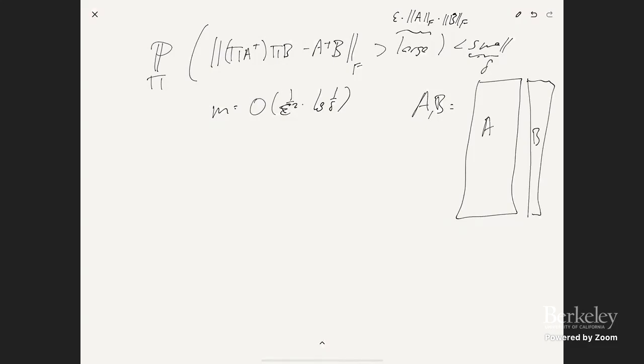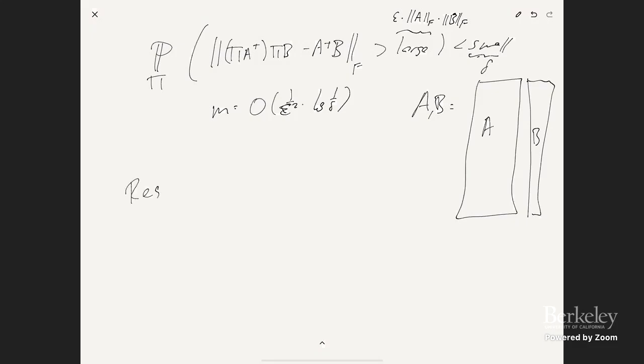And actually, aside from JL, another thing you could do is sample. So you can choose pi to be a sampling matrix where the probability that you keep the ith row of A is proportional to something like, I think, the L2 squared of the row. And if you do something like that, you can get a similar kind of guarantee.